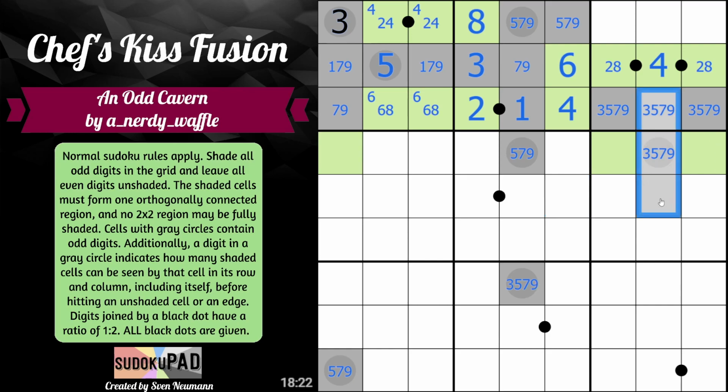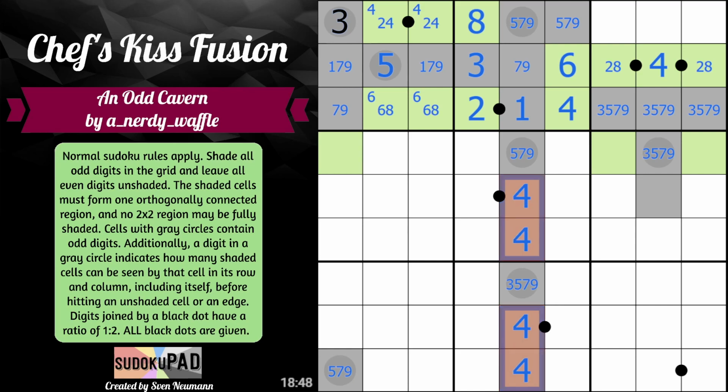At least 3. 2 green, 2 green, 2 green. Okay, I was talking about what if this went further? It doesn't. It can't. Again, because I have 5 gray digits, which means these are all green. We'll place 2, 4, 6, 8. Oh, sorry, not the actual digits, the pencil marks of the digits. 2, 4, 6, 8.